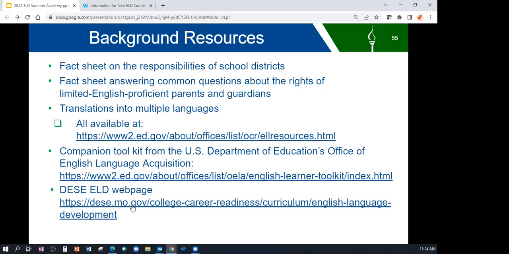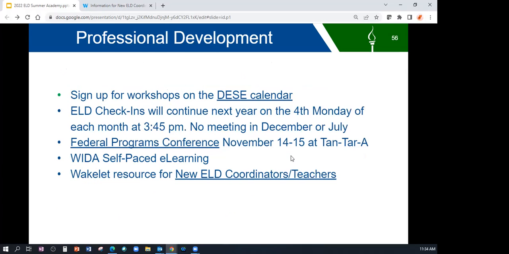And then we have a DESE ELD webpage with all sorts of resources tabbed for you to find more information on state information. As far as professional development within our state, you can sign up for workshops on our DESE calendar, which is on this link here.